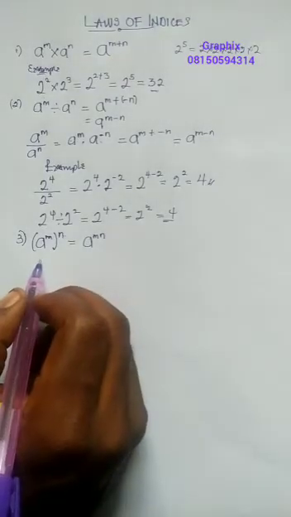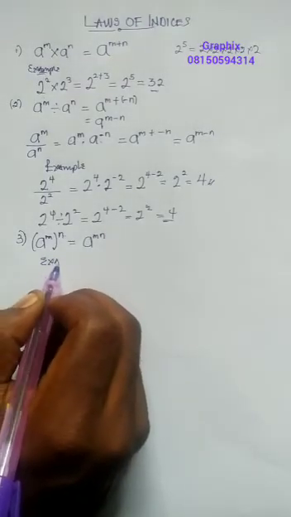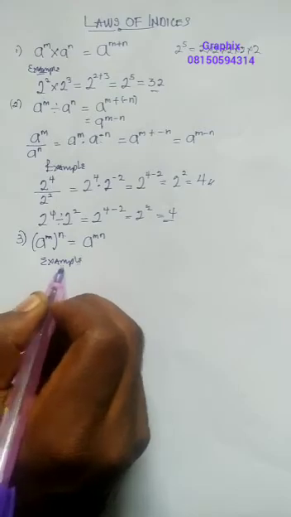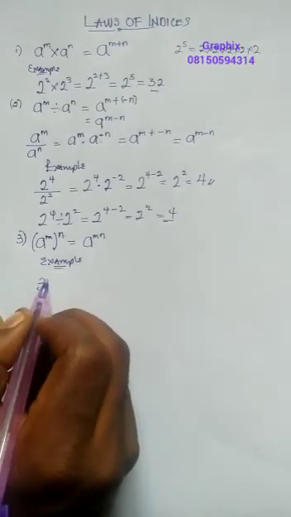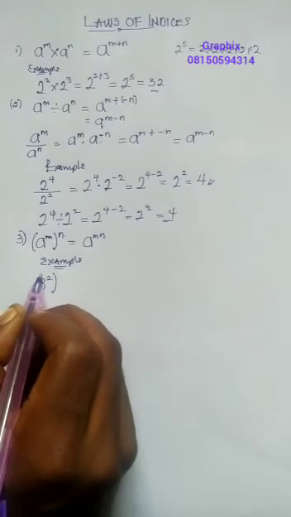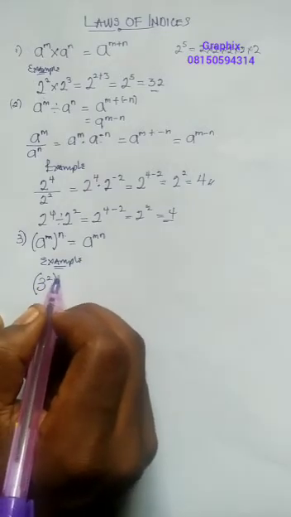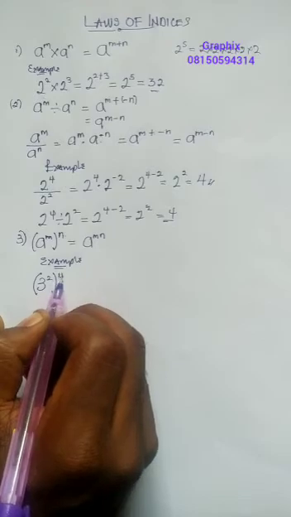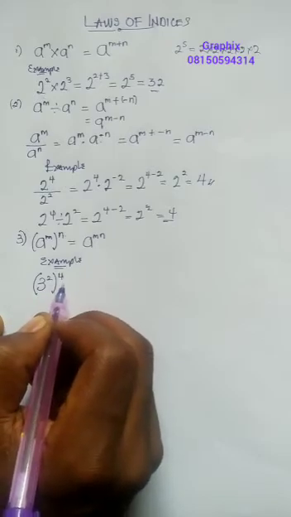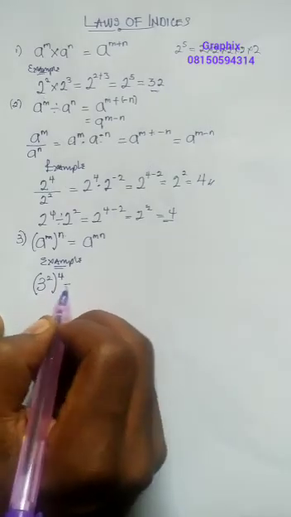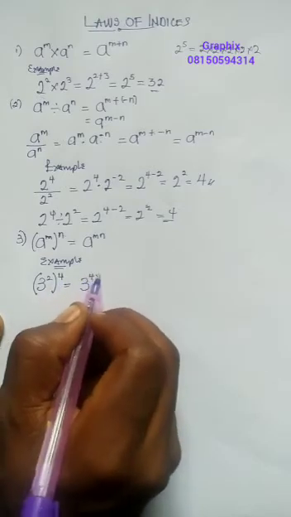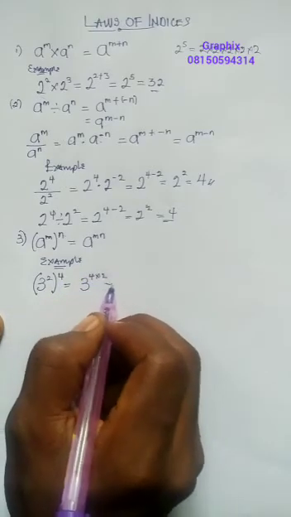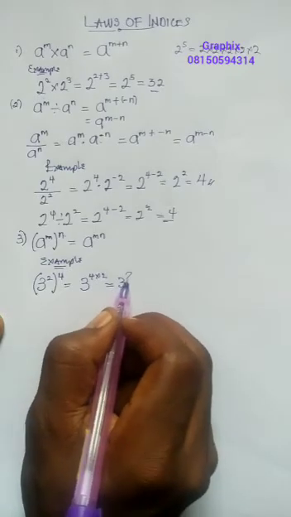So what I meant here is this example. If I have 3 raised to the power 4, in brackets, raised to the power 2, that will give me 3 raised to the power 4 times 2, and that will give me 3 raised to power 8.